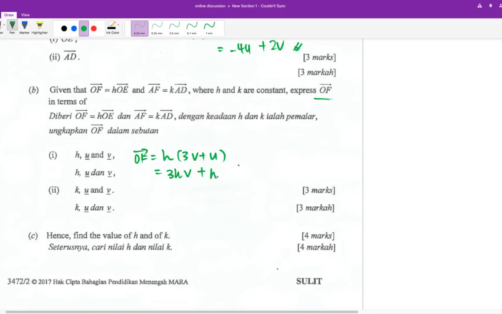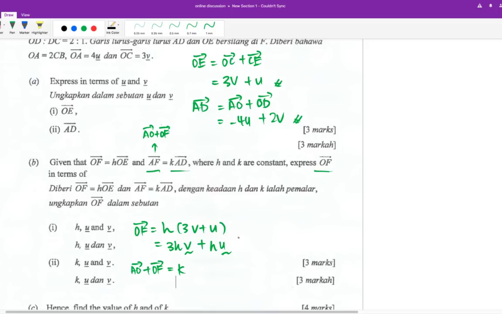Then the question asked me to have the K here, so I will need to use this one. But the problem is I don't have any OF over here. So what I will do is separate this one. AF will become AO plus OF. Then I will have OF here. So I have AO plus OF, which equals K AD. AD is negative 4U plus 2V.